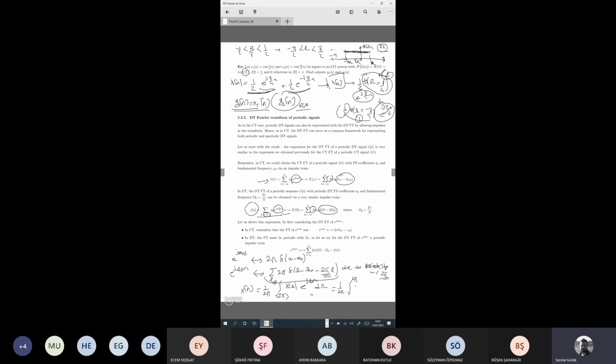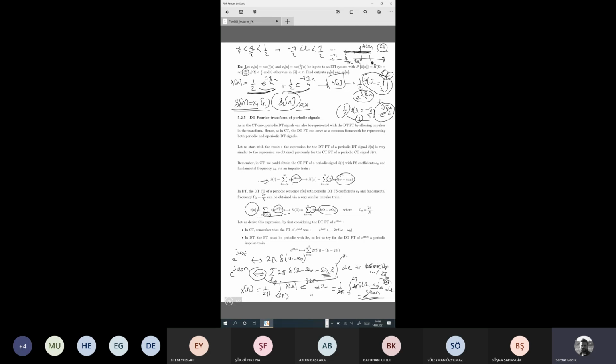So it is 2 pi impulse(omega minus omega_0) e^{j omega n} d omega. By using the shifting property, those cancel out. I will put simply omega_0 here, and this is e^{j omega_0 n}. So this is my discrete time signal, and this is actually the discrete time Fourier transform pair, e^{j omega_0 n} and 2 pi impulse(omega minus omega_0).